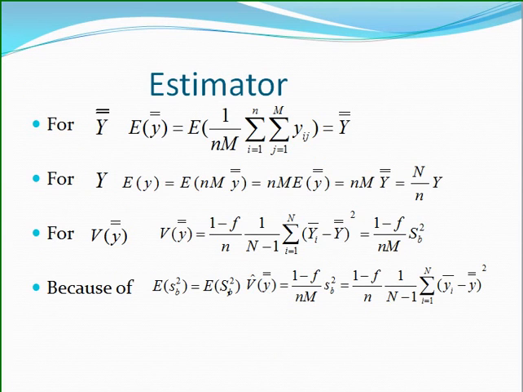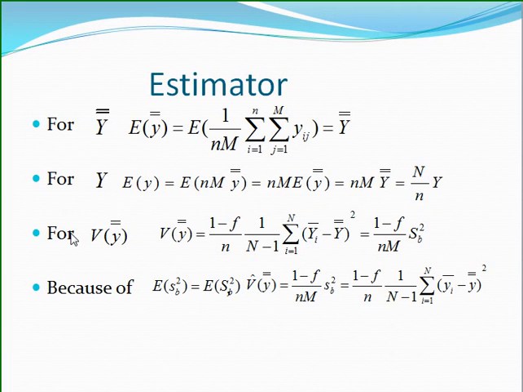For the estimate part, this is the estimate that we could use in the next step. So what's the estimate for the mean of the population? We can use the mean of the sample to estimate the mean of the whole population. If we consider the cluster as a unit, it's just like SRS, and the total population is the same.